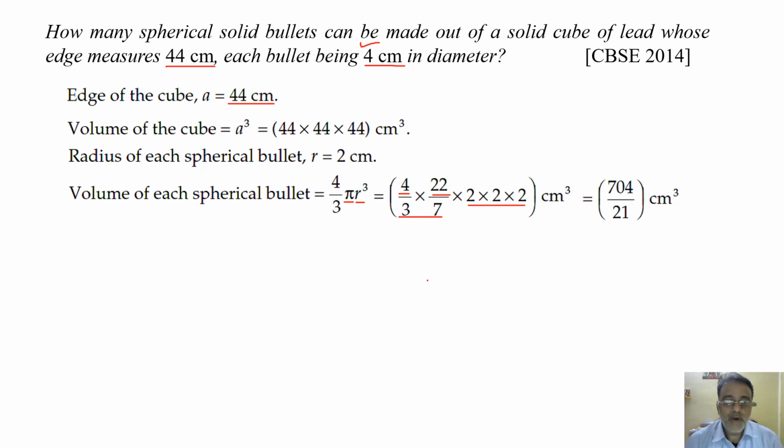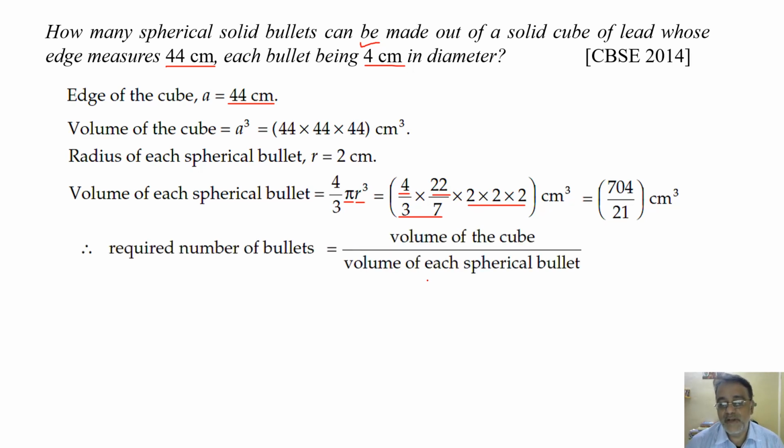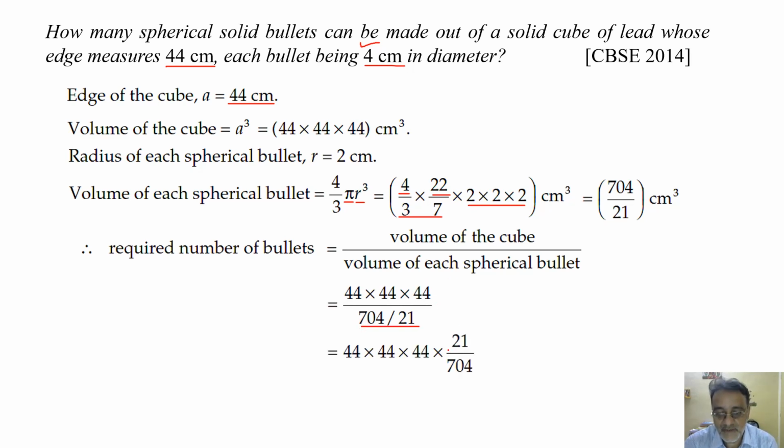Now required number of bullets will be volume of cube divided by volume of each spherical bullet. So 44 into 44 into 44 divided by 704 upon 21. So ये रेसिप्रोकल हो जाएगा जब इनटू में लिखेंगे तो. अब इसको सॉल्व करेंगे, ठीक है. सो ये देखो हम लोग 22 44 से कैंसिल कर सकते हैं इसको.